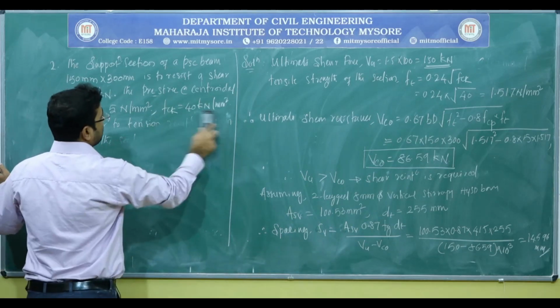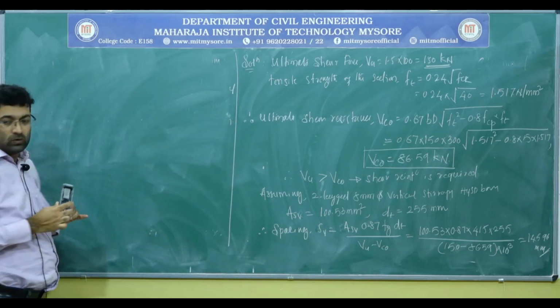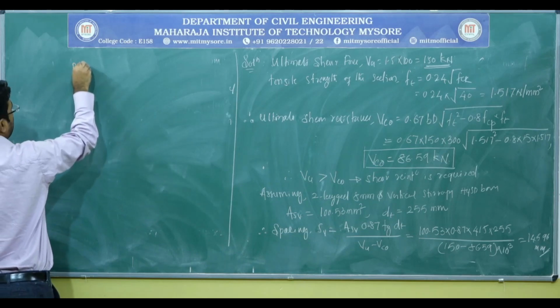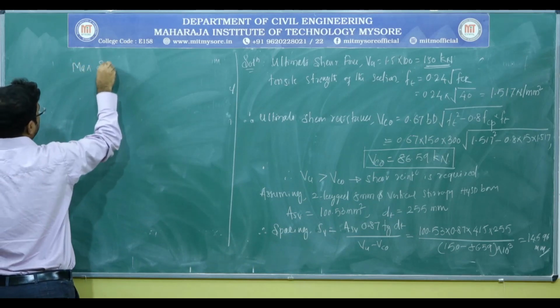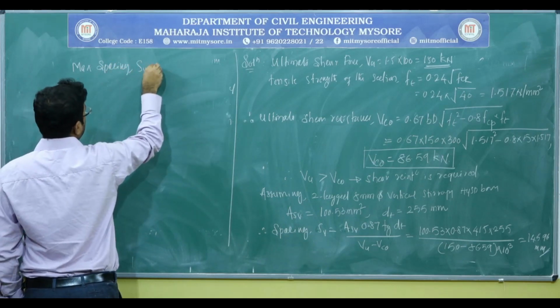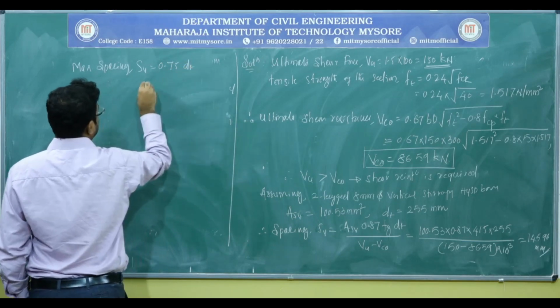Okay, so this is the estimated spacing required from the calculation, but I cannot directly provide this. I have to verify whether it is within the limit as per the code book. That is, as per code, the maximum spacing Sv is equal to 0.75 into dt.